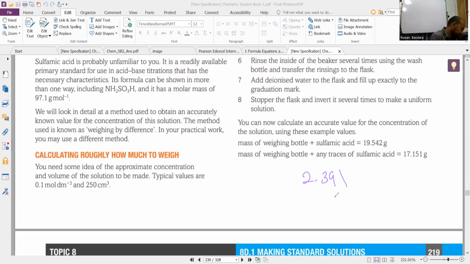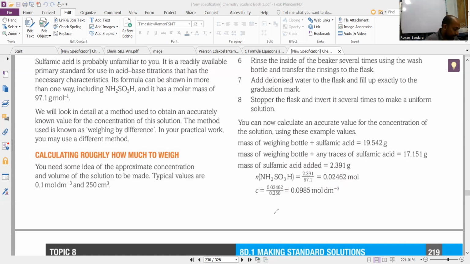Concentration. 0.0985. So this is the accurate concentration.